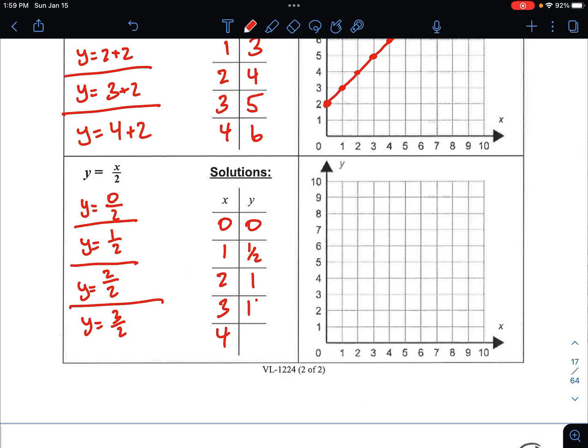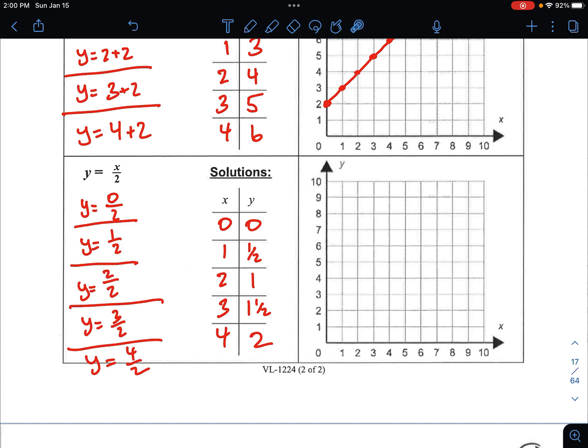Again, not the greatest, but that's fine. And if x is 4, y is 4 over 2, or 4 divided by 2, which is 2. Actually, it might have been best if I just chose 2, 4, 6, 8, and 10 for my x numbers, but that's okay. It still works out okay.